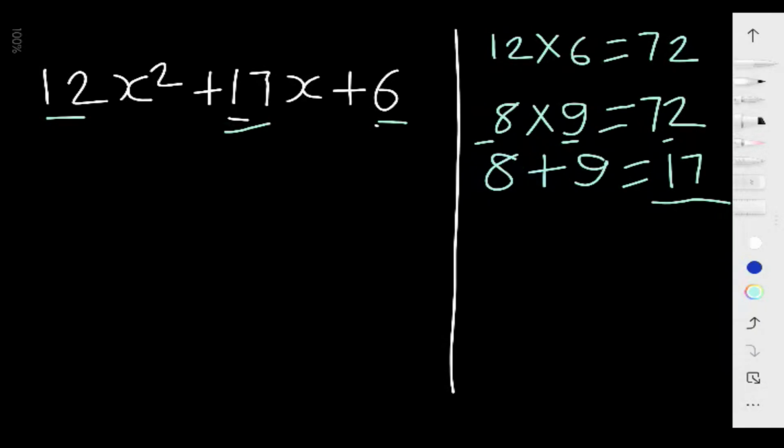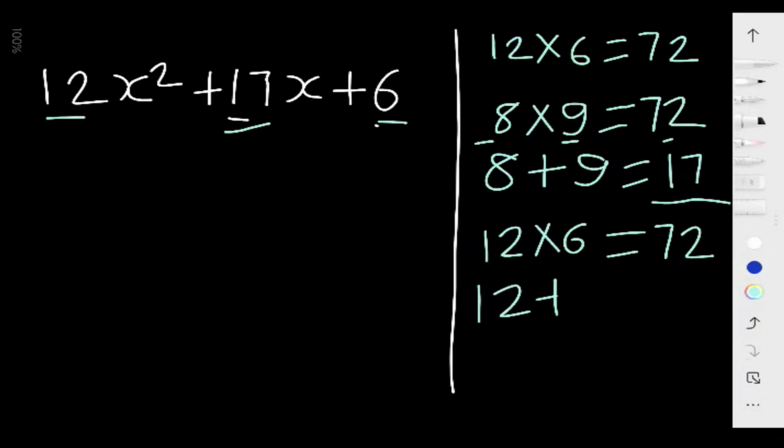In another case, suppose 12 into 6, when you multiply, that means we get 72, and when we add this one, 12 plus 6, that means 18.